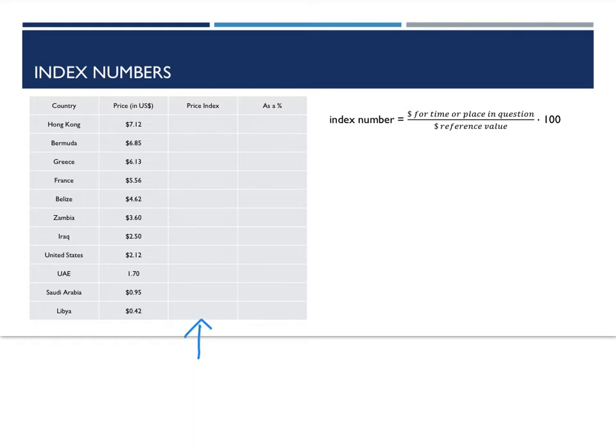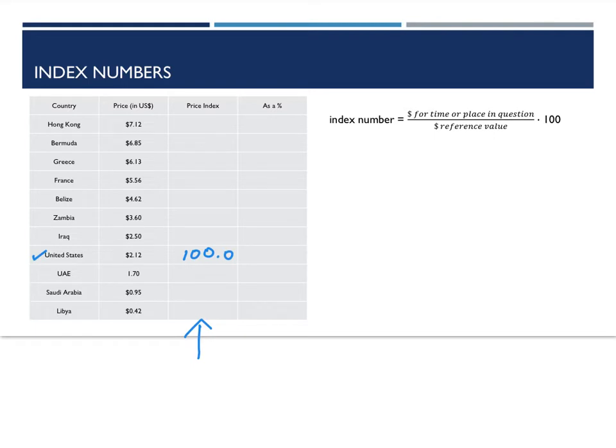So we want to make a price index chart comparing all the prices around the world to one another. Well, since we're in the United States, let's just be self-centered, and let's call the United States our reference value. What that means is the United States is going to have an index of 100.0.